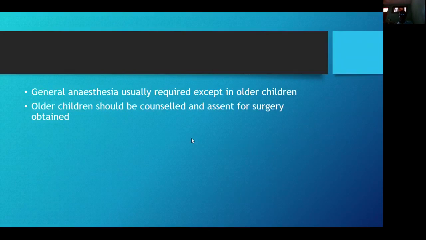Their larynx is more anteriorly placed, and therefore hyperextension, as is done when intubating an adult, is actually going to give us a closed airway rather than an open airway. So one needs to pay attention to this.